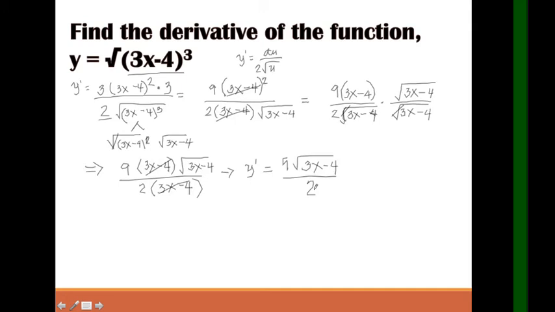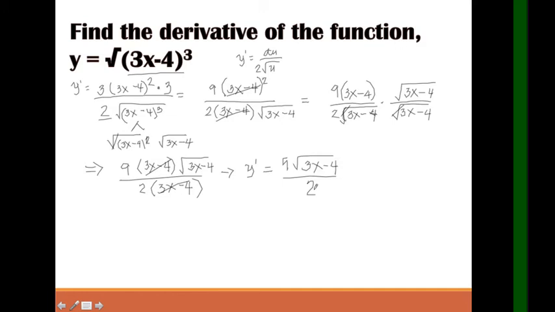Okay, so that's the final answer, meaning the derivative of square root of quantity 3x minus 4 cubed is equal to 9 square root of 3x minus 4 over 2. So that's the final answer for this portion.